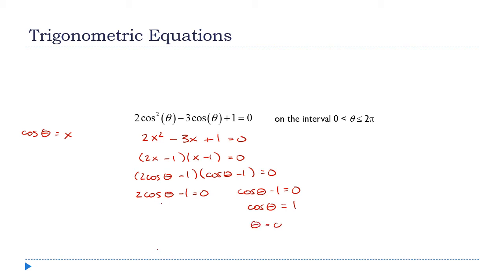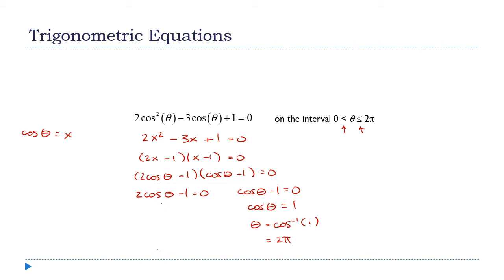So theta is the inverse cosine of 1, which is, you might be tempted to say 0. But look, theta can't be 0. Theta has to be strictly greater than 0. It can, however, equal 2 pi. And the cosine of 2 pi is 1.